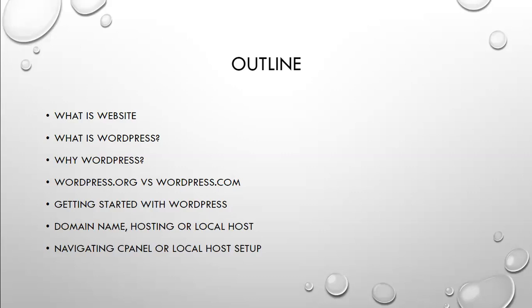WordPress.com is the commercial version of WordPress. What do I mean by commercial version of WordPress? It is the WordPress that you pay to make use of. That is, you use them as a hosting service. That means all those pages you want in your website, all those about pages, all those products and services, all those images you need to send to the world to see what you do or the business that you run.